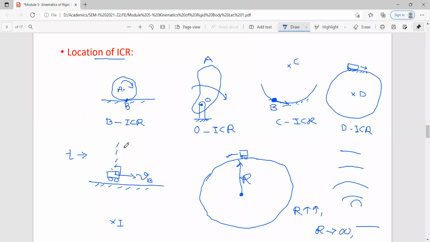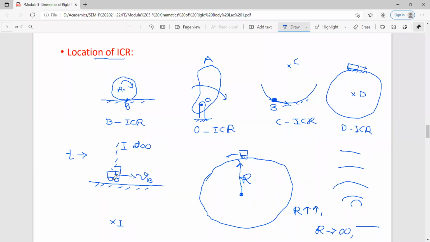Okay, and this radius you can say that it is at infinity. You can write that ICR of the bus which is moving along the straight line is at infinity.